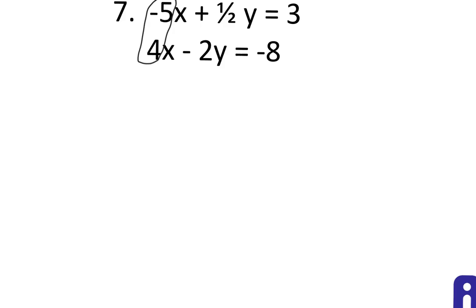The least for that would be 20. Or this is plus 1/2 and minus 2.